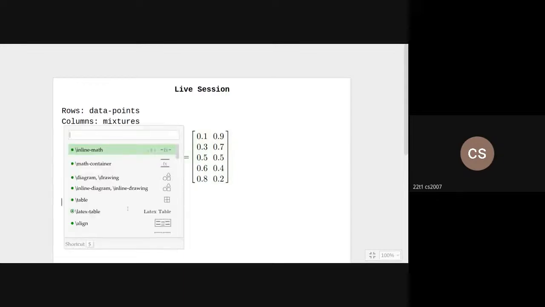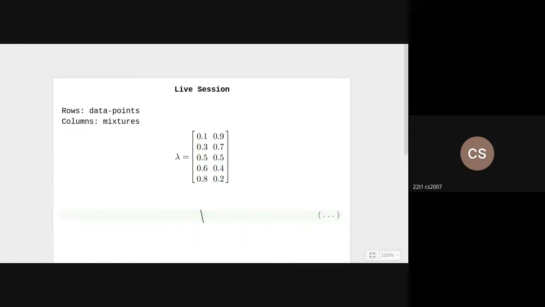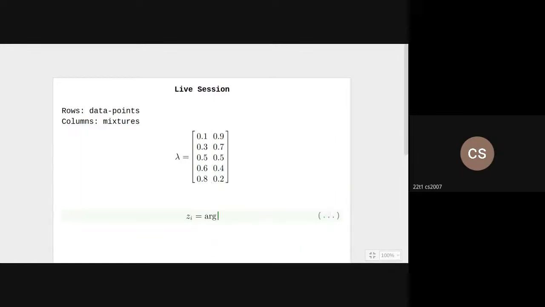So the formula that I am saying is z_i, this is an argmax. We are doing an argmax of lambda ki over k.